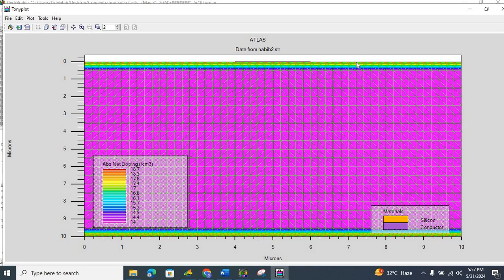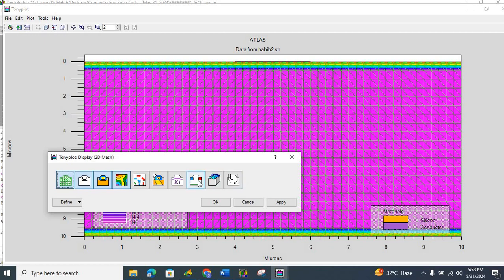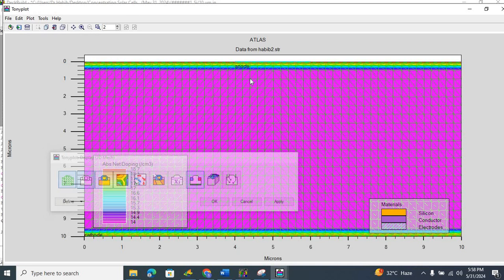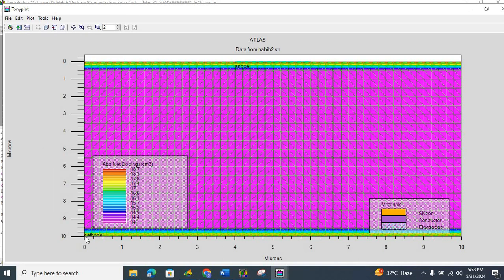Basically we have Gaussian doping at the top surface and also close to the bottom. We can also click and see the anode and cathode contacts. We have the anode over here and the cathode over here. We have p-type doping at the top and n-type doping at the bottom of the structure.